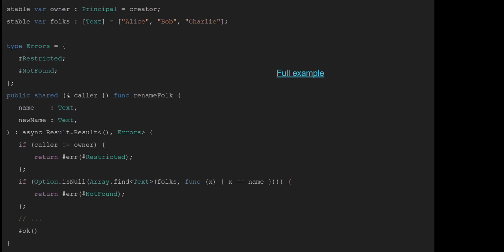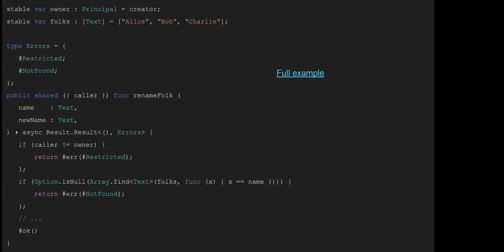Then we have one function which just allows people to rename somebody in the list of people that this contract maintains. So it'll accept the name of the person whose name we want to change, and then what the new value for that name should be.